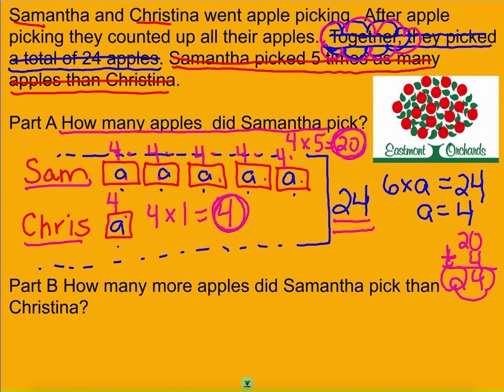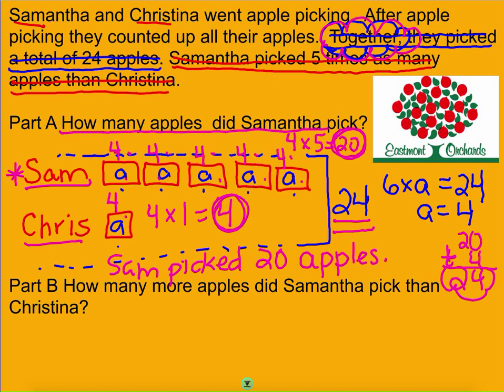So now when I go to my model, I only need Samantha's. And I see that I circled her total, which helps so I can identify it really quick. Sam picked 20 apples.